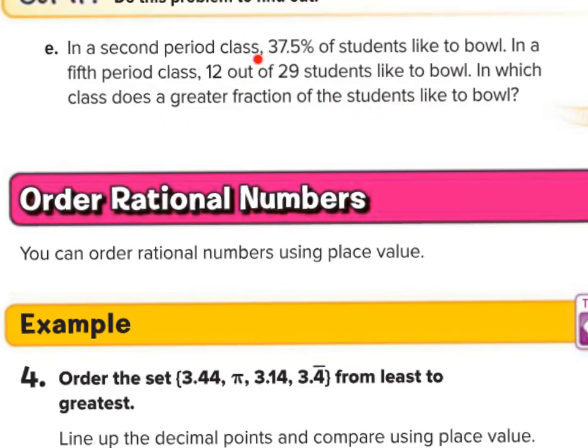Let's convert both of these numbers into decimals. So we already have 37.5%. To change that into a decimal, you just simply divide it by 100, which moves the decimal twice to the left, like so. And it becomes 0.375.